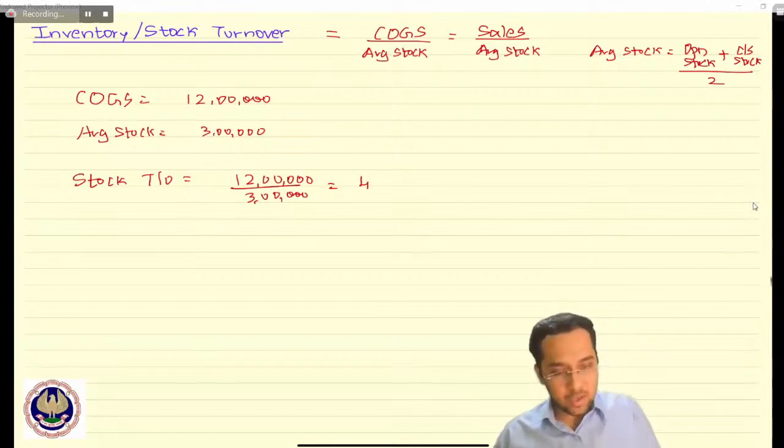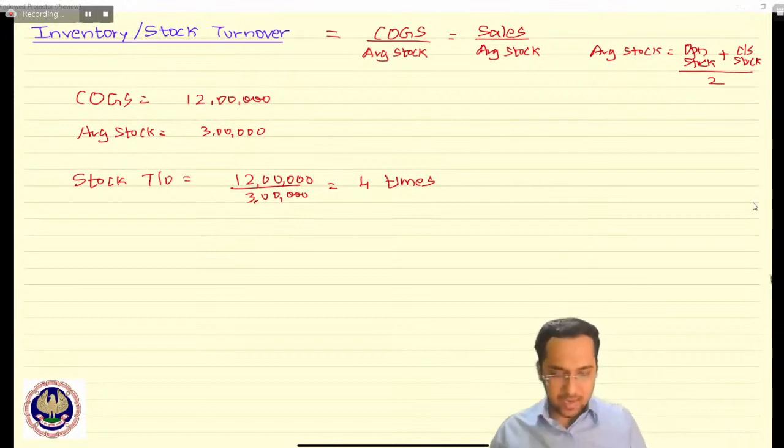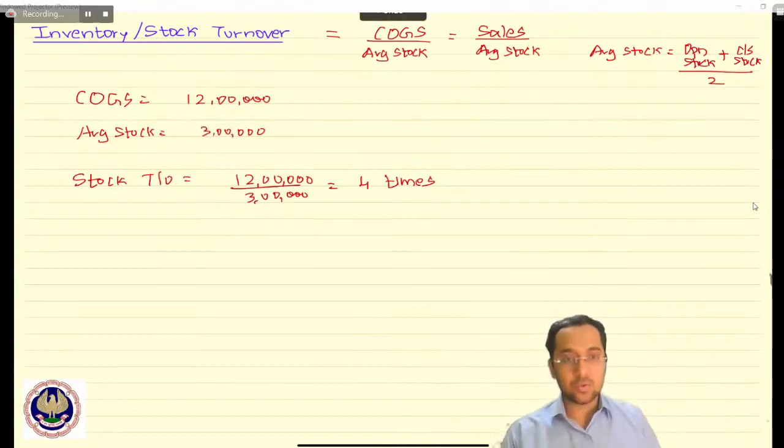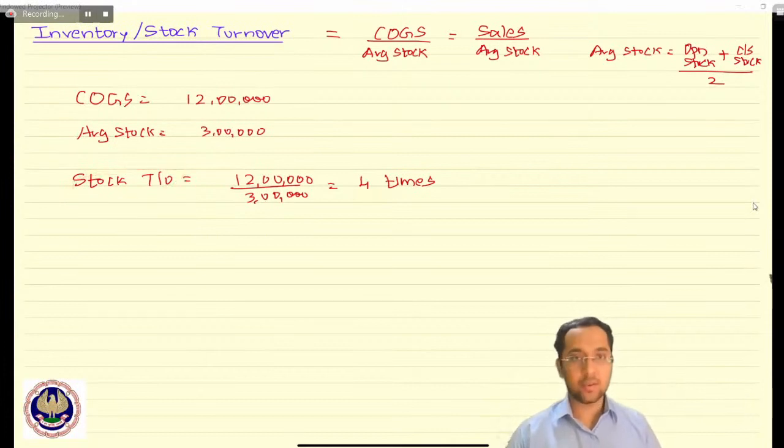So all turnover ratios, remember, are always in terms of times. Let's consider a full year, where 12 lakh is the COGS for the entire year and we have an average stock of 3 lakh. Now, if I ask you the stock turnover ratio, it is 4 times. So our COGS or sales is 4 times the stock that we maintain.